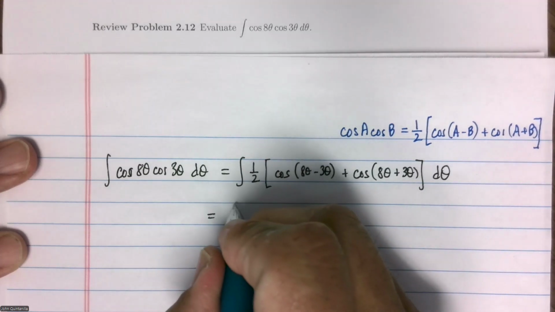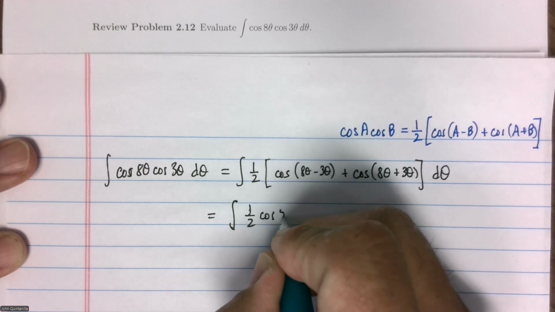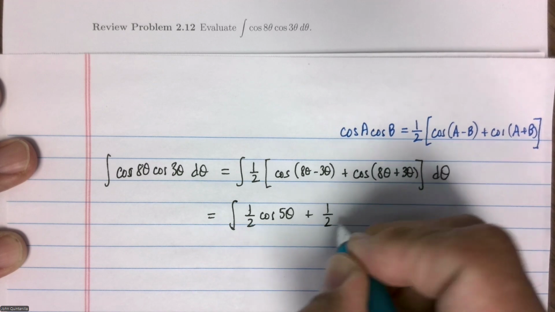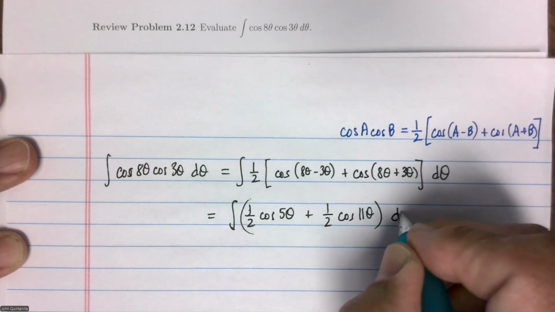So this works out to be the integral of 1/2 cosine of 5 theta plus 1/2 cosine of 11 theta d theta.